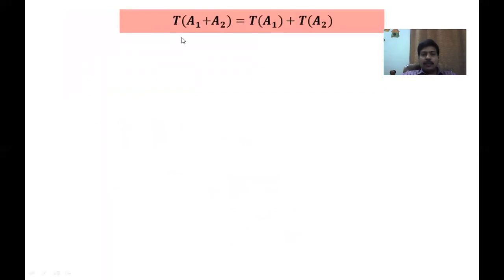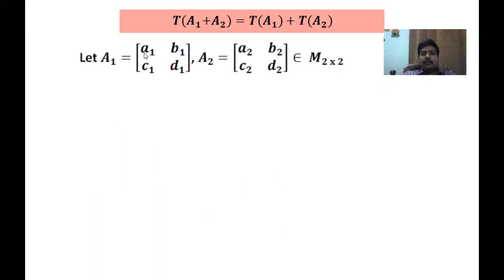So first let us do that. T of A1 plus A2 is equal to T of A1 plus T of A2. Let A1 be the matrix [A1 B1; C1 D1] and A2 be [A2 B2; C2 D2], belonging to M2 by 2. So I have taken two vectors, here two matrices, in the set of M2 by 2 matrices.